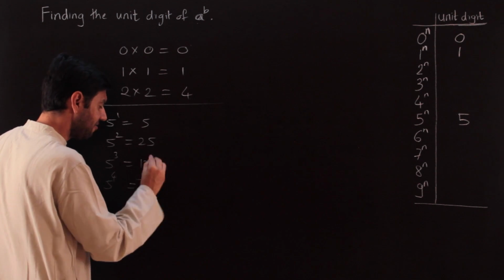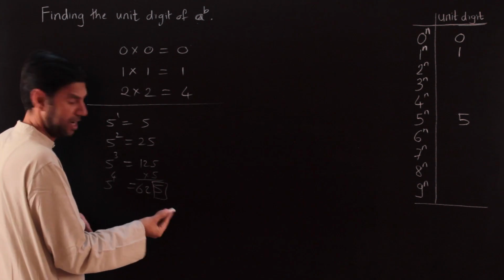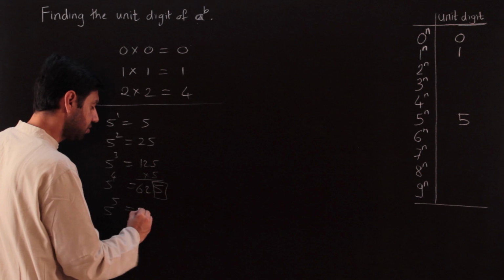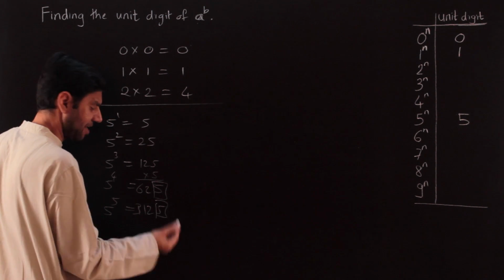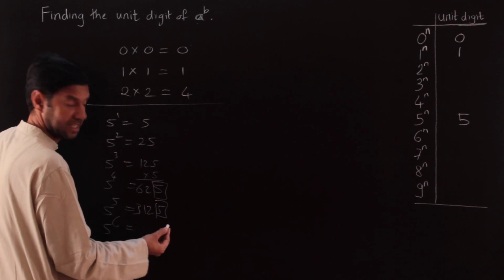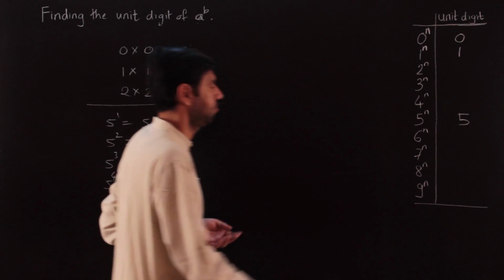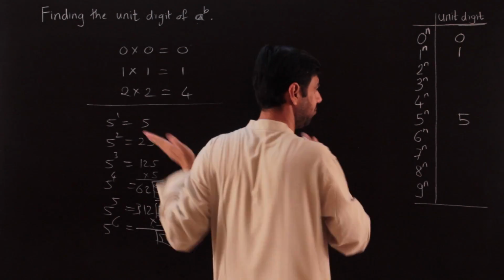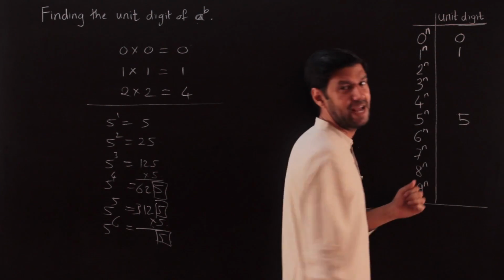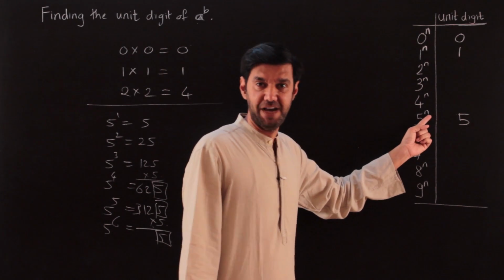When you multiply with a 5, I am interested in this 5, that's it. 5 raised to 5 is 3125, which ends in 5. I do not know 5 raised to 6, but when I multiply with this 5, I am pretty sure that the unit digit is going to be 5. That is what was happening earlier also, but they are too small numbers to even need any calculation. So 5 raised to n is always going to be a 5 for any natural value of n.